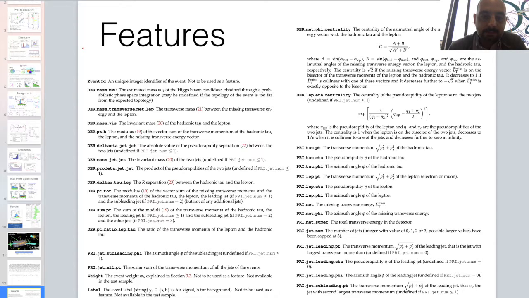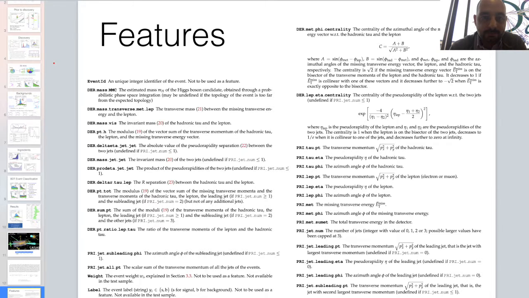This is the invariant mass of a tau and a lepton. All these things are trying to capture particular decays where something had decayed to give you the same final state, but if you reconstruct it, you'll see that it's something of a lower mass than the Higgs mass.